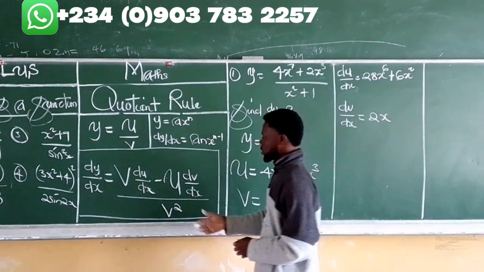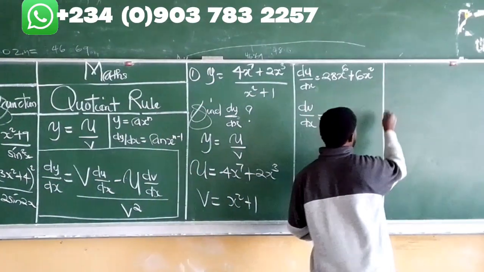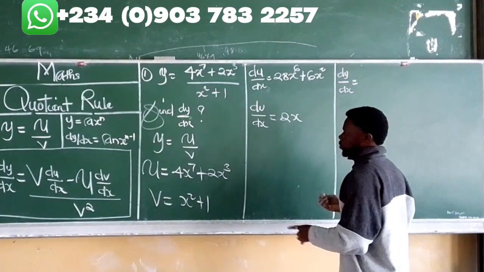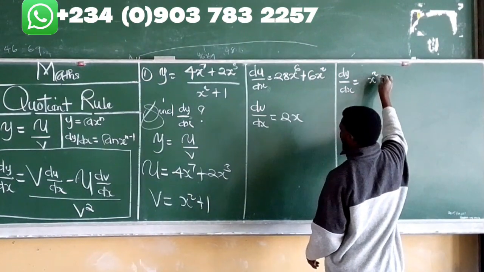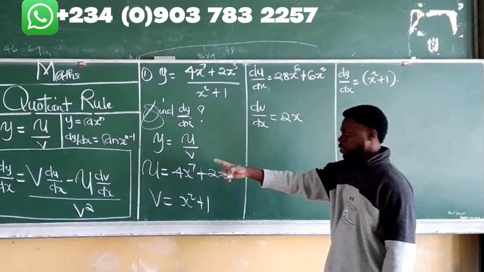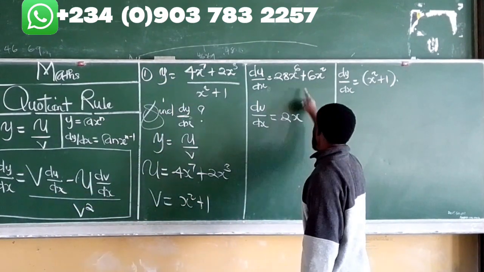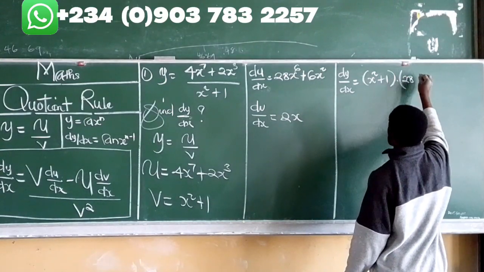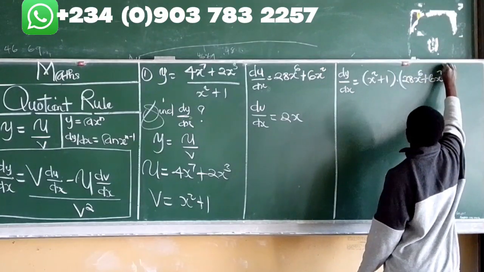Now dy over dx from the product rule formula is equal to, dy over dx will equal to v, and v is given as this. So we have x squared plus 1 times du over dx, and du over dx is given as this. So times 28 x raised to the power of 6 plus 6x squared.